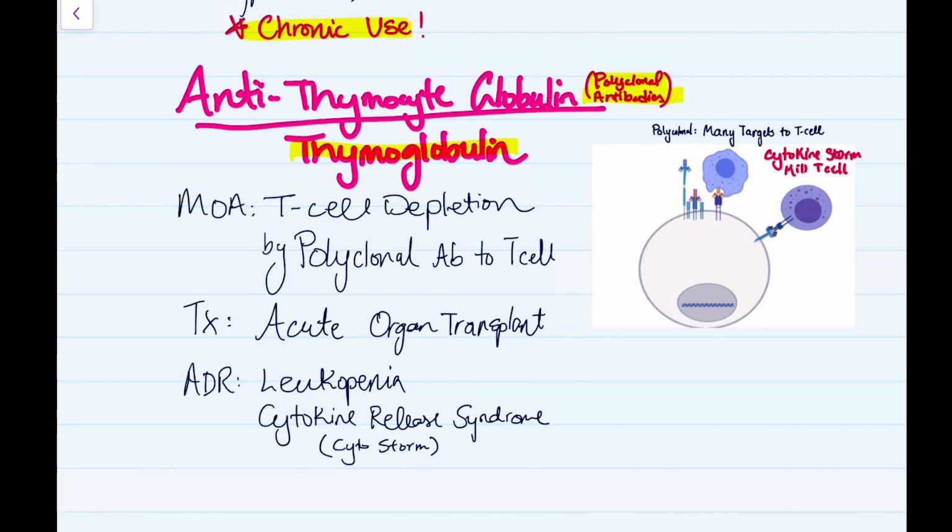They're not monoclonal, where they can only attack one specific target. So here, basically, they can come in from the natural killer side, cause a cytokine storm, and come from different angles. So basically, the mechanism of action is total T cell depletion using the polyclonal antibodies. So we use it for acute organ transplants. Drug reaction, again, leukopenia, the cytokine storm.